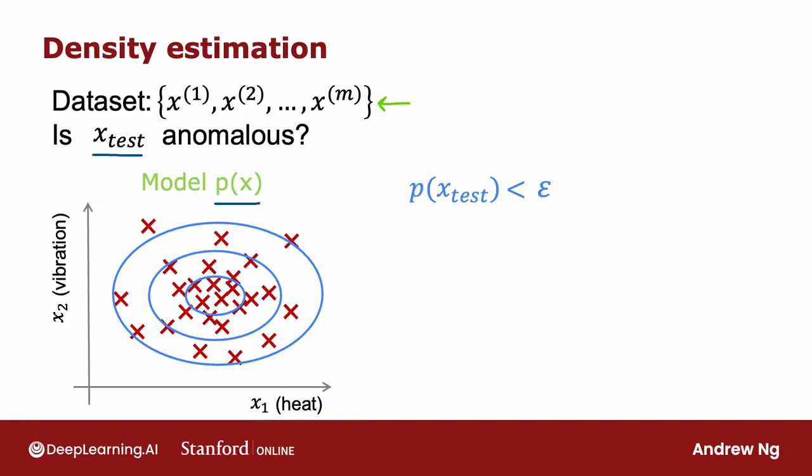If P of X test is less than some small threshold epsilon, we would raise a flag to say that this could be an anomaly.